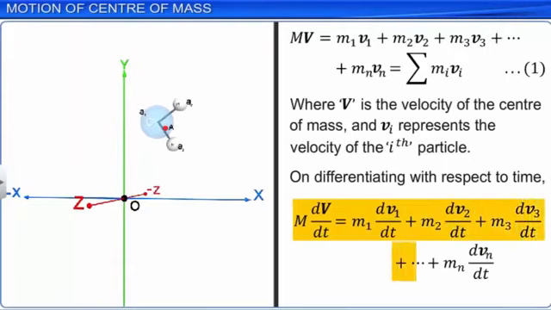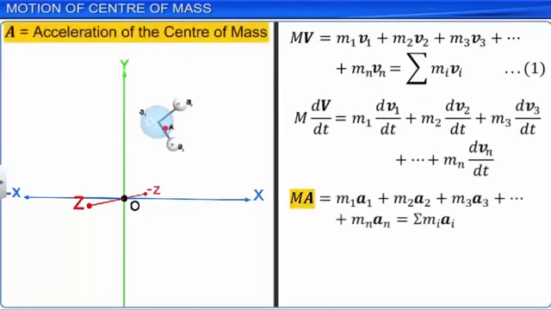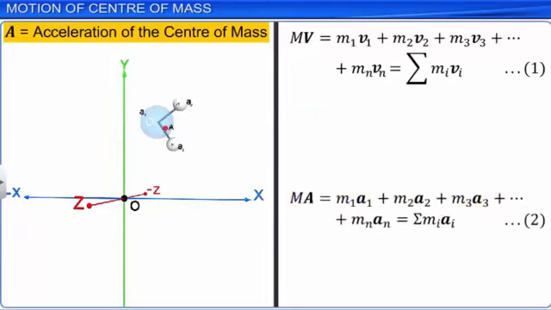MA is equal to m1a1 plus m2a2 plus m3a3 and so on, plus mnan, which is equal to sigma of miai. Let this be equation 2, where A is the acceleration of the center of mass and ai represents the acceleration of the ith particle.